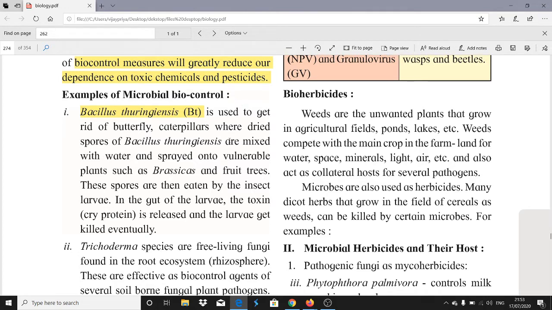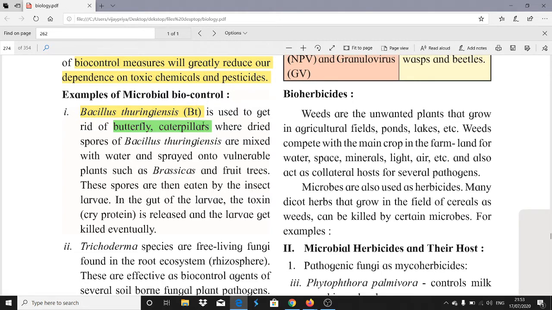Now see what we are getting rid of. We want to get rid of these butterflies and caterpillars. If we don't use biocontrol agents, we can kill them with the help of toxic chemicals or pesticides.